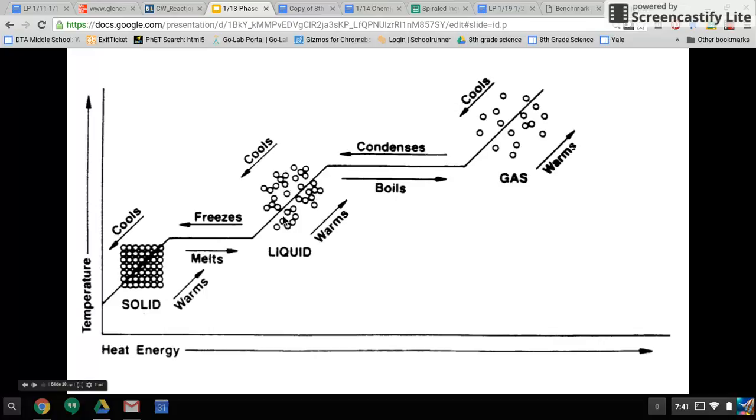Once that line increases again, then you know all of the molecules are in the gas form. Look for keywords like condenses, boils, freezes, and melts. This also shows you, besides the temperature going up the side, if we're cooling or warming up in an area.